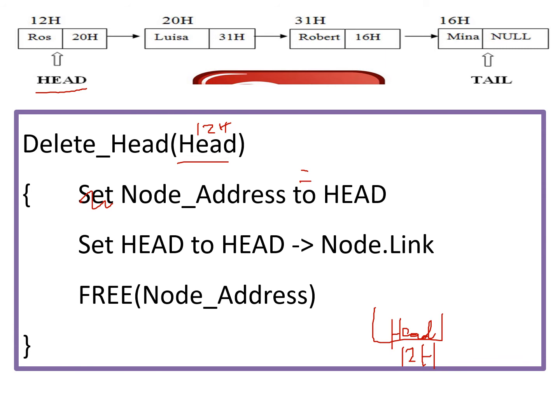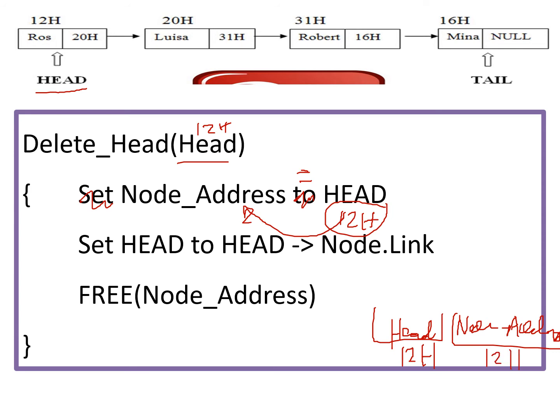We will assign a variable that would store our current head. So 12H will be stored to node address. Node address would be equal to 12H.